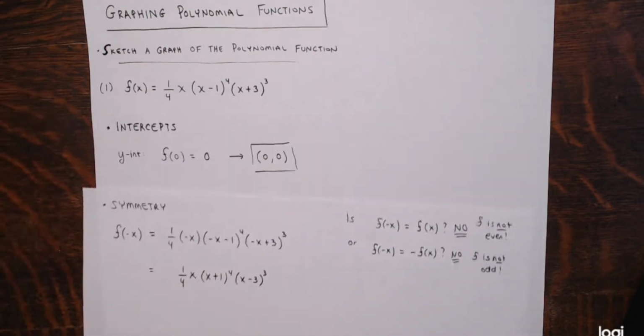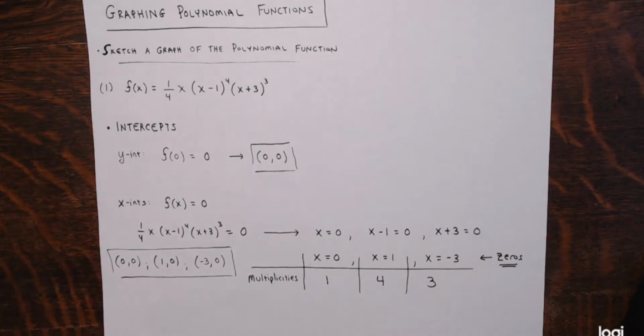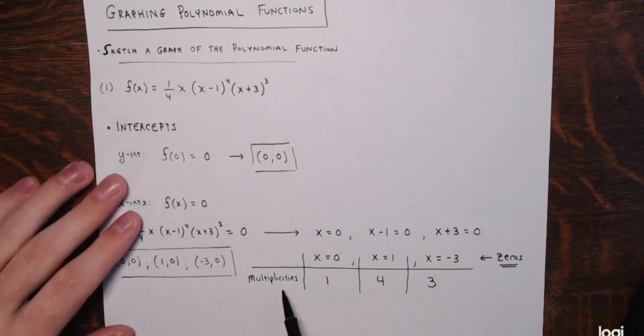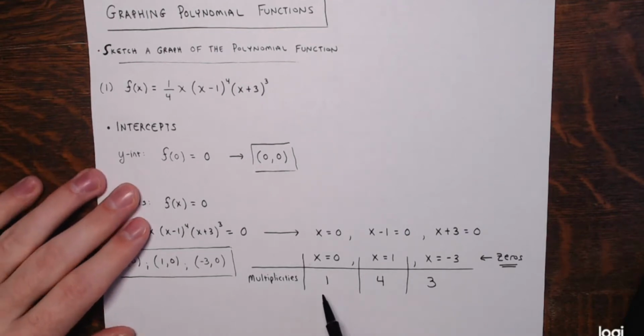All right, so now we're going back and talking about the multiplicities, right? Step 3 was to use the multiplicities to determine the behavior of the polynomial at these x-intercepts. So once again, this is an odd multiplicity for x equals 0, so the graph will cross the x-axis like a degree 1 polynomial, like a line straight through.